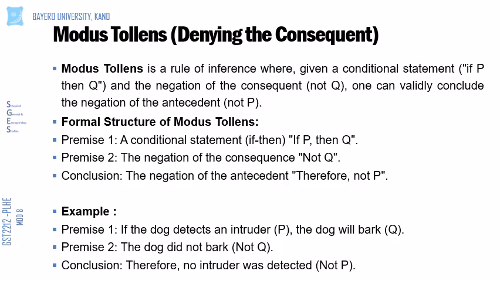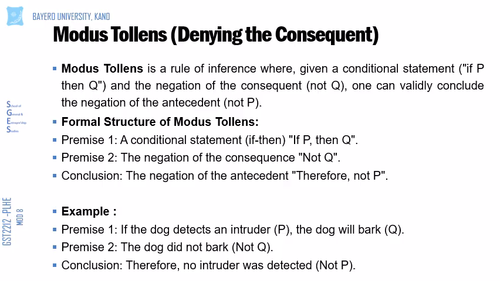So we have this example: if the dog detects an intruder, P, the dog will bark, which is Q. Premise 1 is in conditional statement, but premise 2 is not, based on the formal structure of the modus tollens.